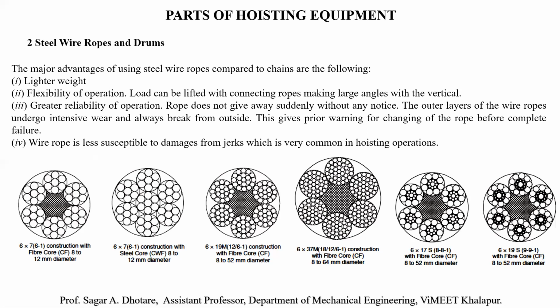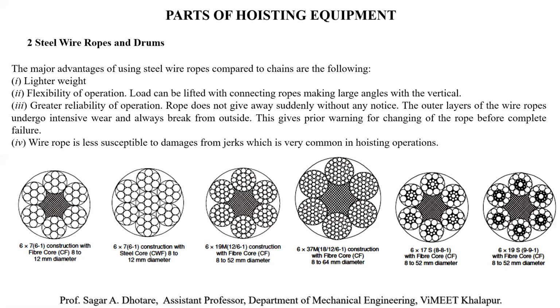Wire rope is less susceptible to damage from jerks, which are very common in a hoisting mechanism. These are the drawbacks of linked type or welded type links and chain mechanisms.